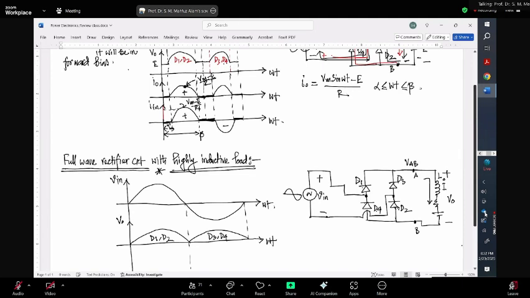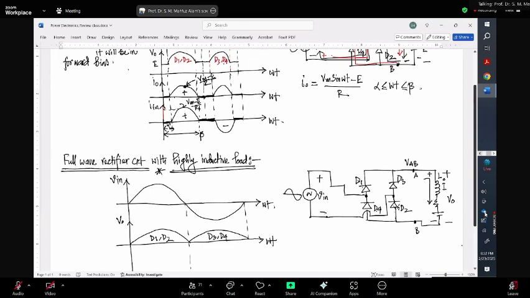So D1 and D2 will be forced to remain turned on by the inductor. So during that portion, these polarities will appear across the load like this. Since D1 and D2 is operating, it will look like a short circuit.